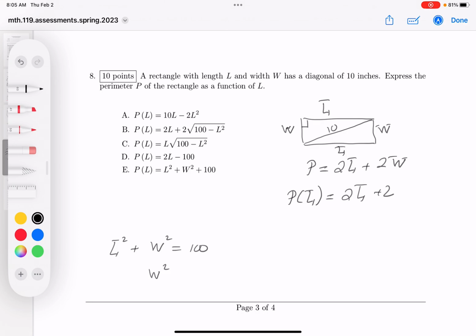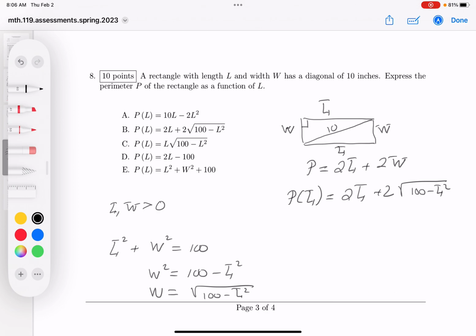W squared would equal 100 minus L squared. I want to point out both L and W are non-negative numbers. They're positive, all right? So I got W. I don't have to worry about plus or minus over here. It's just the root of 100 minus L squared. So let's write that down. It's the root of 100 minus L squared.